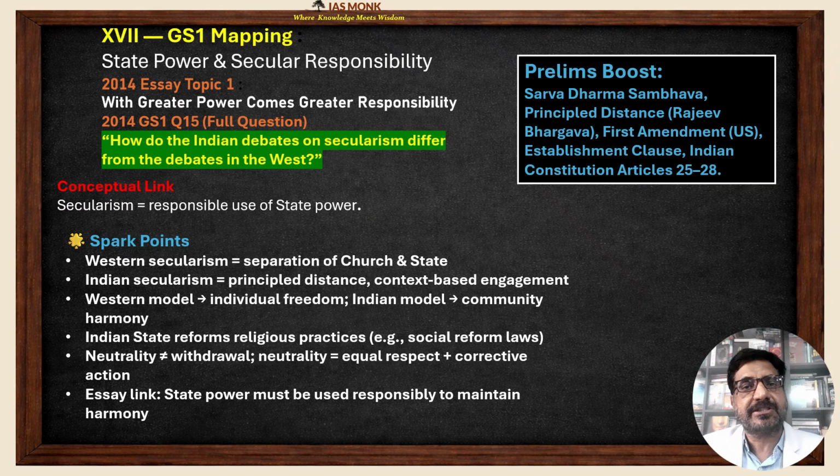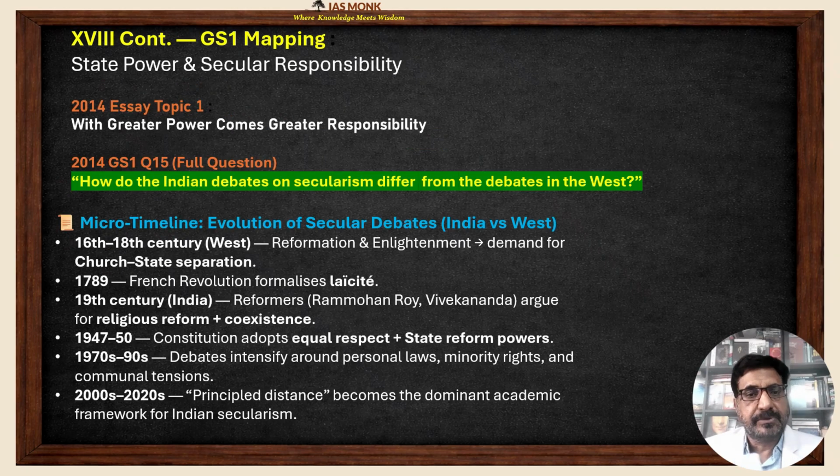Thus, Indian secularism demands responsible use of state power: neutrality without indifference, intervention without favoritism. This GS1 question aligns with the essay theme, that power must be exercised with sensitivity and responsibility, especially in a diverse society. I have also given a micro timeline of the evolution of secular debates, India versus the West.